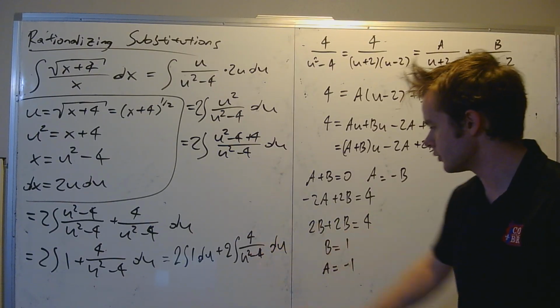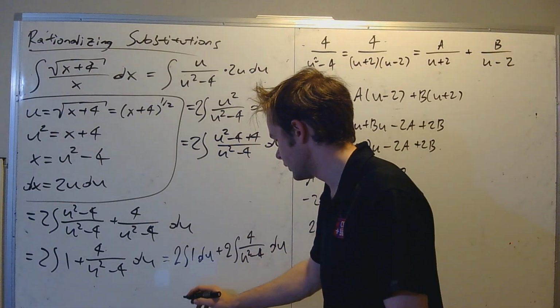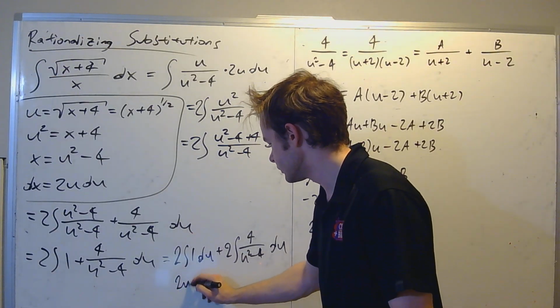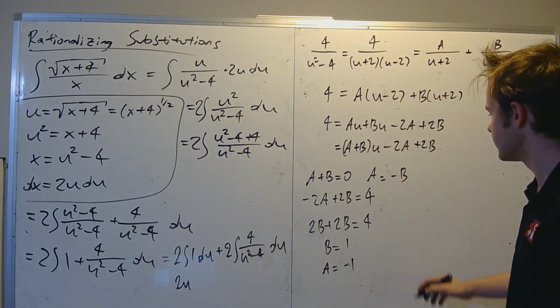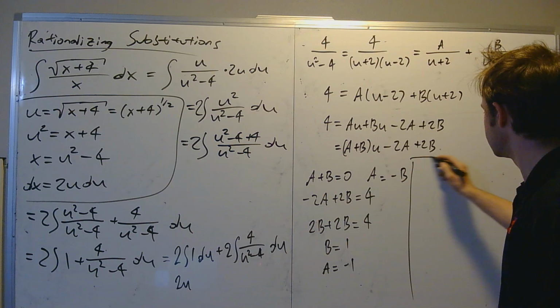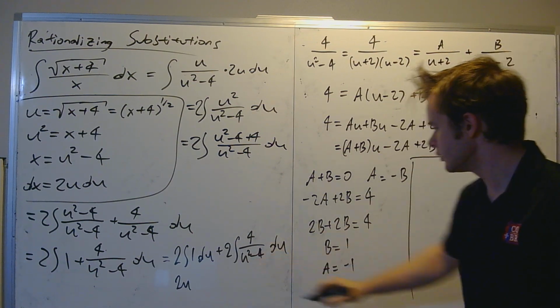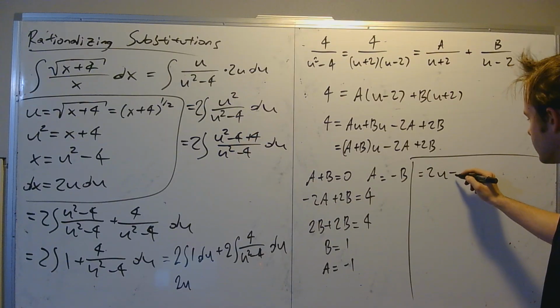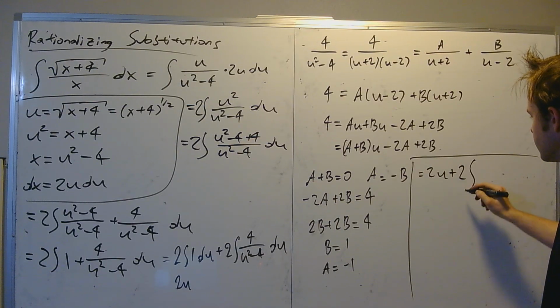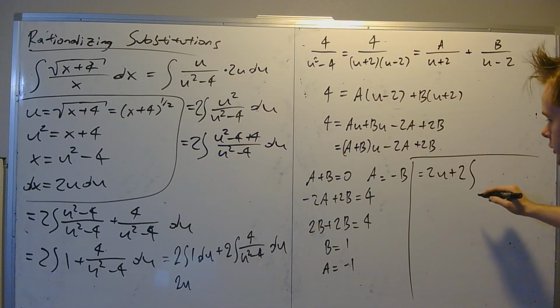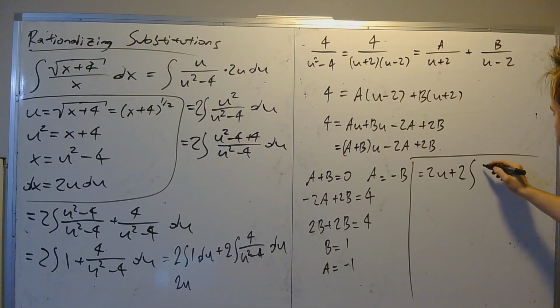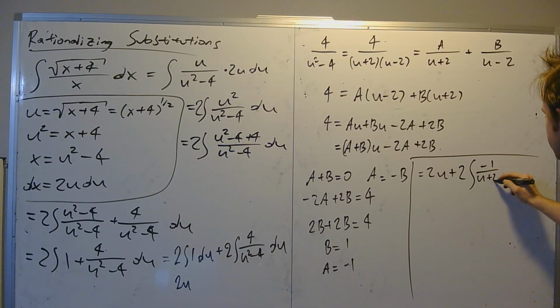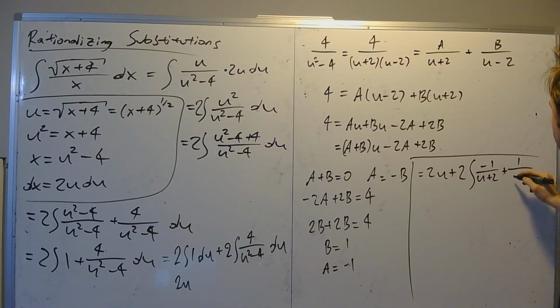Right, so we can break up this integral. 2 times the integral of 1 is just 2u. So this here is equal to 2u plus 2 times the integral of these two fractions: negative 1 over u plus 2 plus 1 over u minus 2 du.